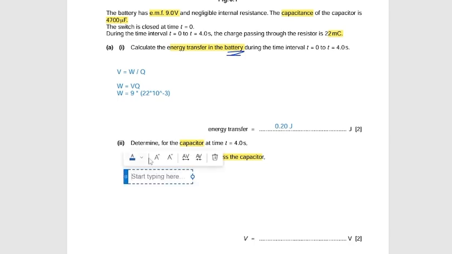Capacitance can be defined as C equals Q over V, charge over potential difference. We have to find V, so we make it the subject and get V equals Q over C.